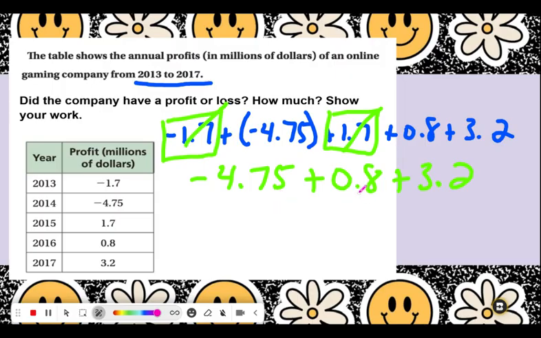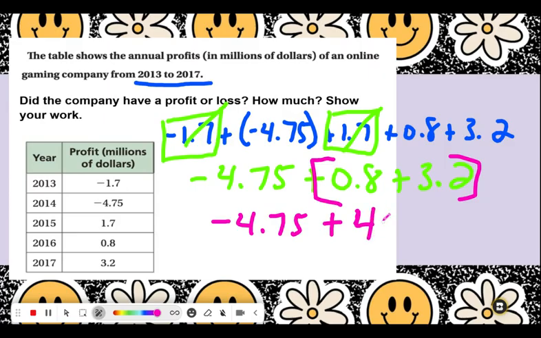Okay, so I can group the addition together first. So 0 and 8/10 plus 3.2 is 4. So now I have negative 4 and 75 hundredths plus 4. Signs are different, so we subtract. So negative $0.75 million.